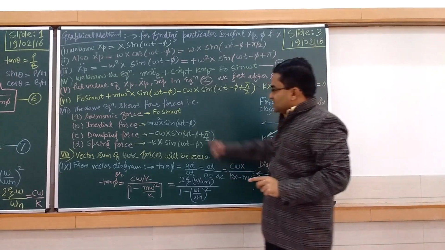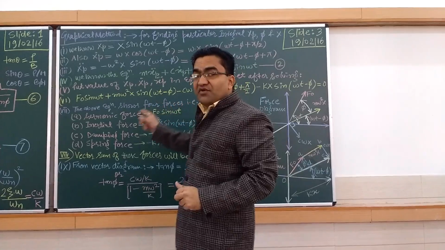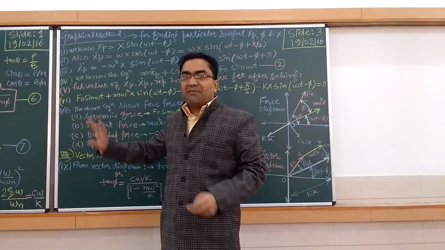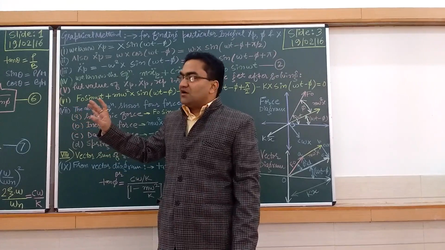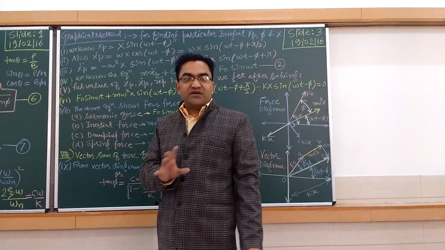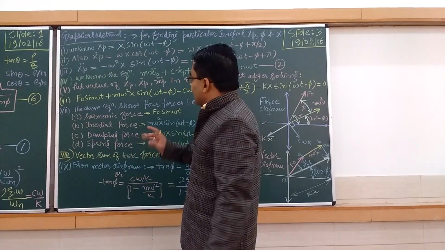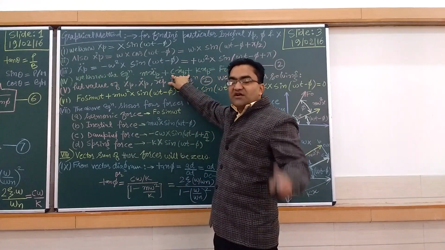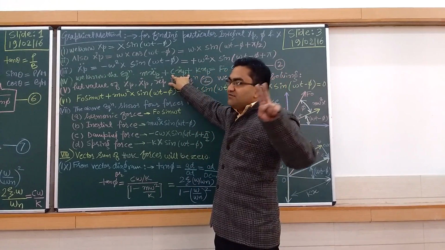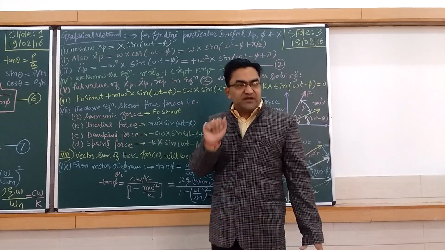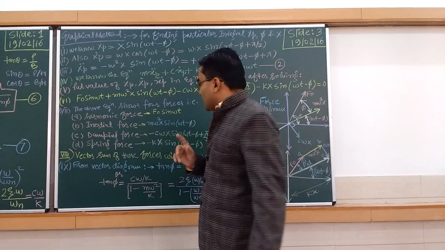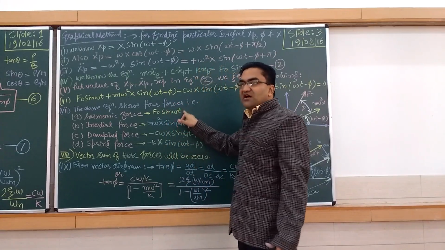So from this equation we can very well see that four forces are in the picture which are applicable on the spring mass damper system actuated by a simple harmonic force. Even in the free body diagram we had studied, four forces were in the picture. What were those forces? The first force was the harmonic force.